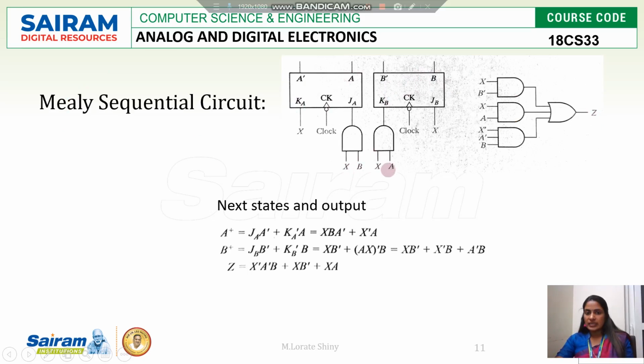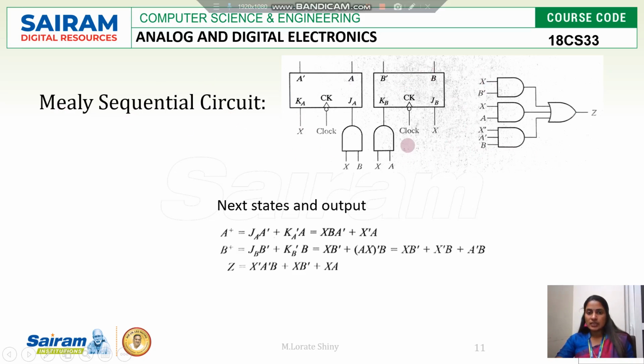X, B, X, A are inputs. Z depends on inputs as well as the present states A and B. Hence it is called a Mealy sequential circuit.